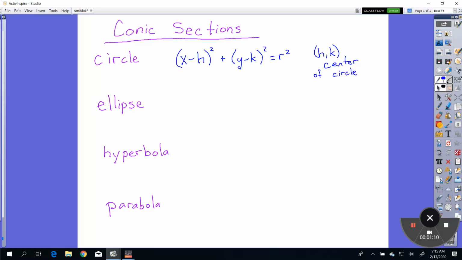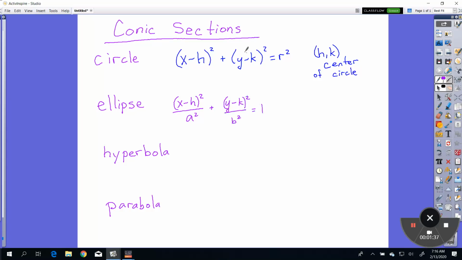Now the ellipse, it's kind of like the circle. It's a plus between it as well. So it's x minus h squared over a squared plus y minus k squared over b squared equals 1.